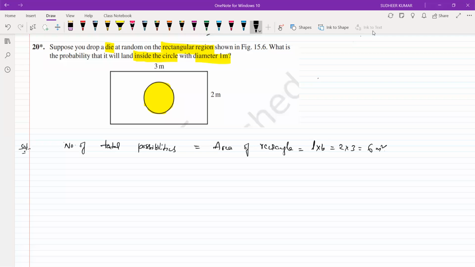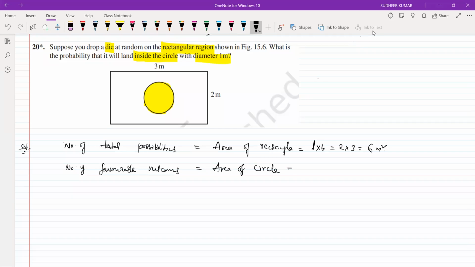Okay, fine. So the next one is the number of favorable outcomes, which is the area of the circle.